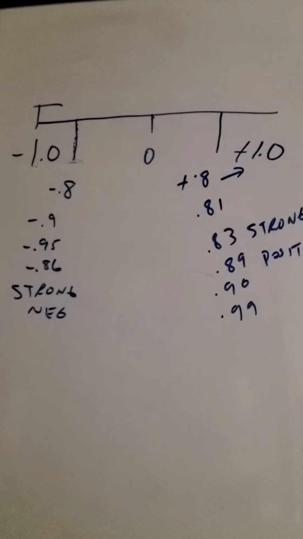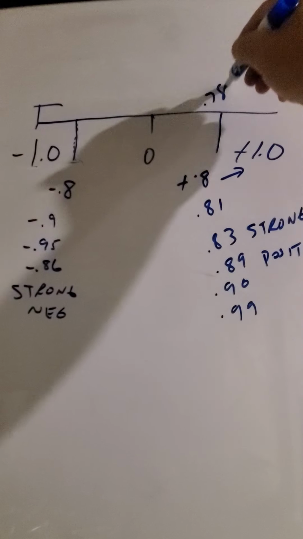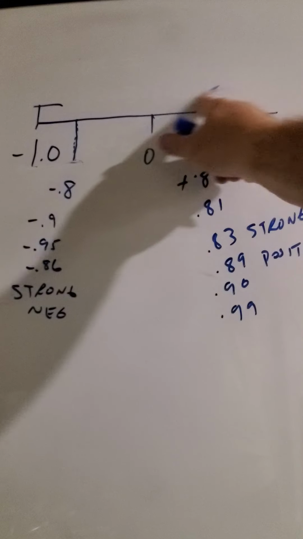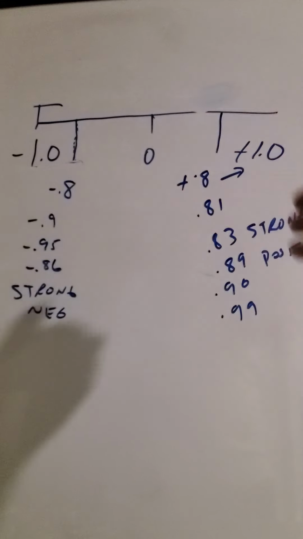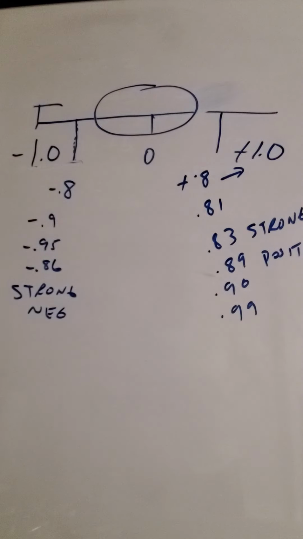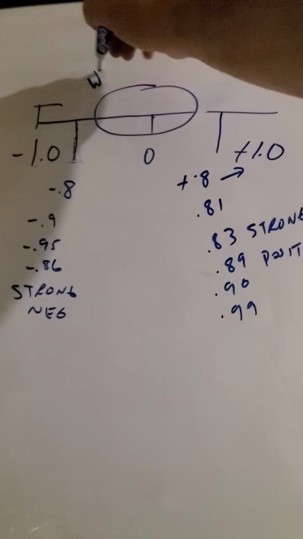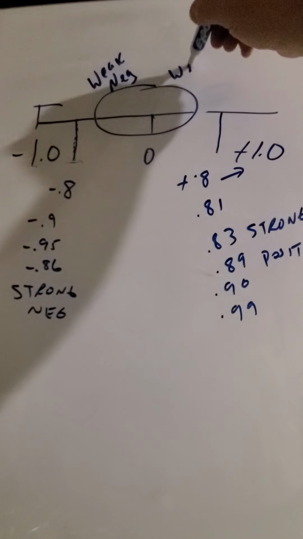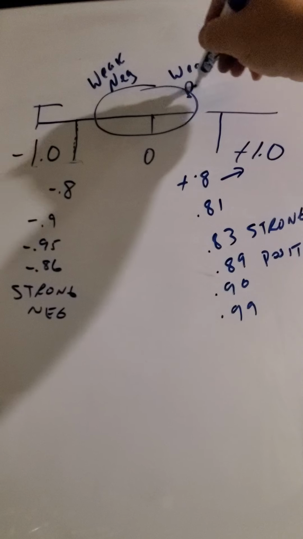Now, they're not going to give you a number like 0.78. That's too ambiguous. But just know that these are the ranges for strong. Any number that lies in here is either going to be weak negative or weak positive.